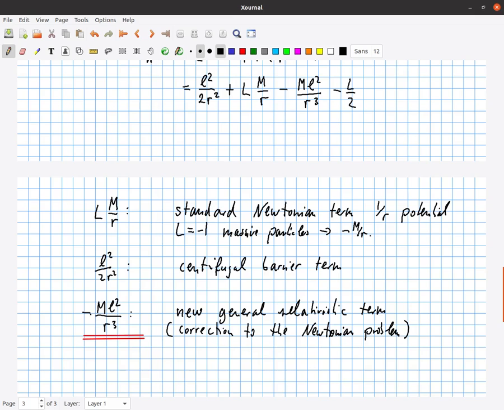It is this term we always need to keep an eye on. If we make this term small, this is exactly the potential of Newtonian gravity. If this term is significant, we get some general relativistic corrections.